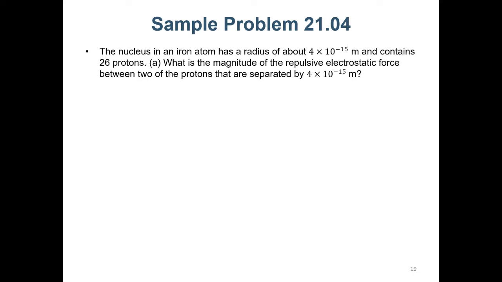So let's calculate this quickly. It tells you that the nucleus of an iron atom has a radius of about 4 times 10 to the minus 15 meter, a femtometer.